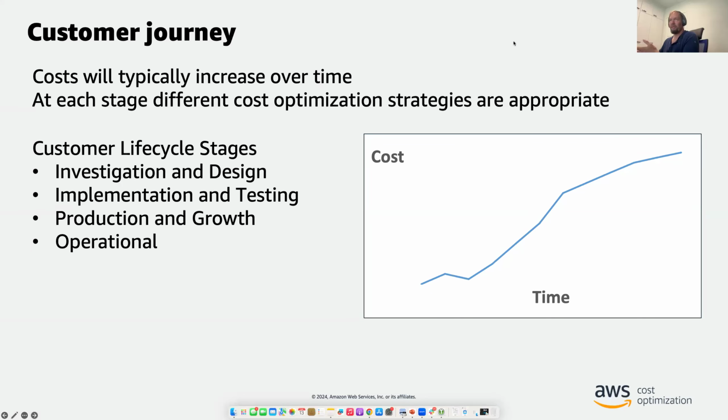Then after you have noticed that, all right, the cloud is the way we want to go, you start implementing and testing your solution, and during that time your costs will constantly go up. After you get into production and operation, different types of cost optimization strategies are what you can use. Let's take the next slide.